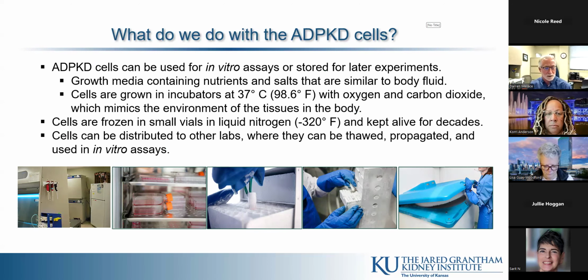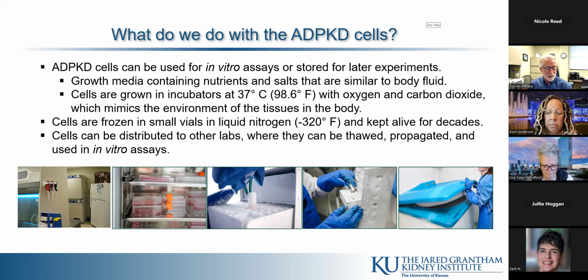We can put the cells in growth media that contains nutrients and salt that are very similar to body fluid. The cells are grown in incubators at 37 degrees Celsius, which is the same as body temperature, 98.6 degrees Fahrenheit, and with similar oxygen and carbon dioxide content that mimics the environment inside the tissues.